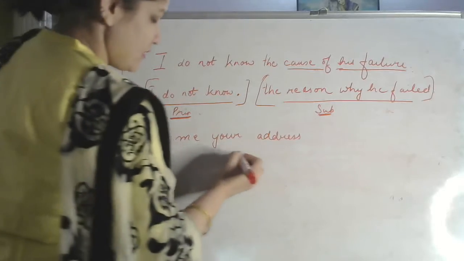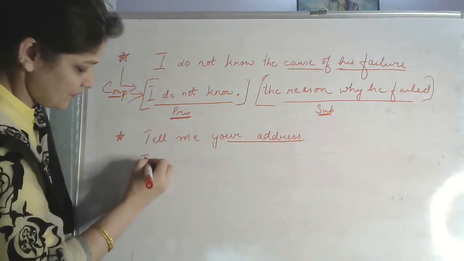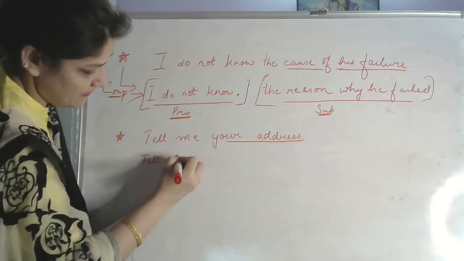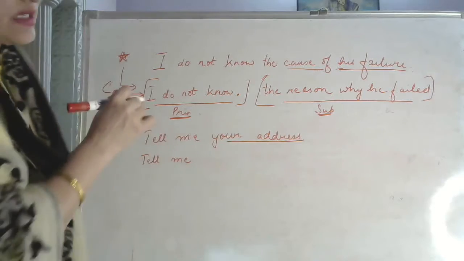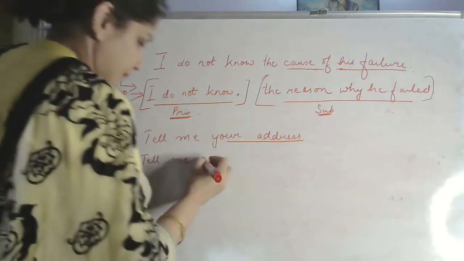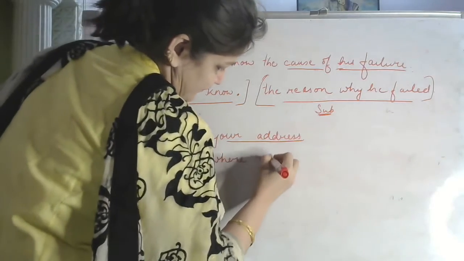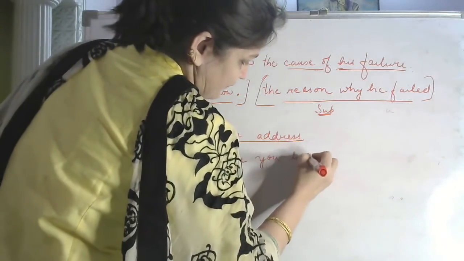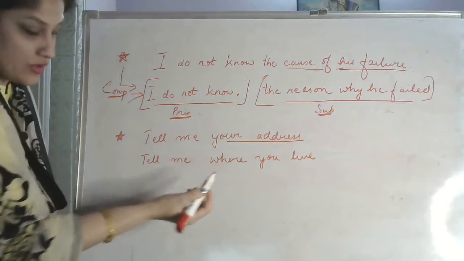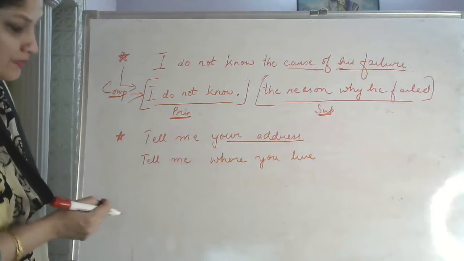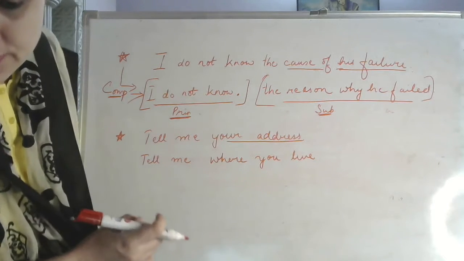For example, your address, we can change it to, tell me where you live. It should be, yes, where you live. So what we have done, we have expanded the words. Let me take another example.